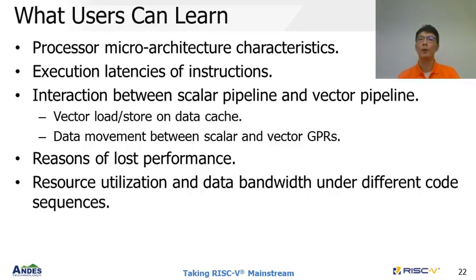By using a tool like AndesClarity, a user can learn the processor microarchitecture characteristics, the execution latencies of instructions, the interaction between scalar and vector pipeline, especially on data movement between them, and the reasons for lost performance, and also the resource utilization and data bandwidth under different code sequences can be observed.